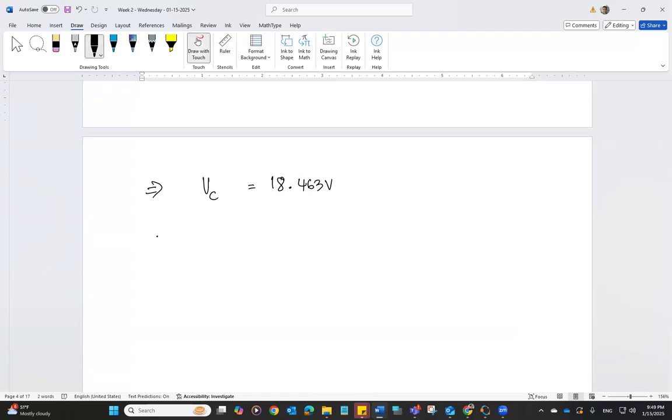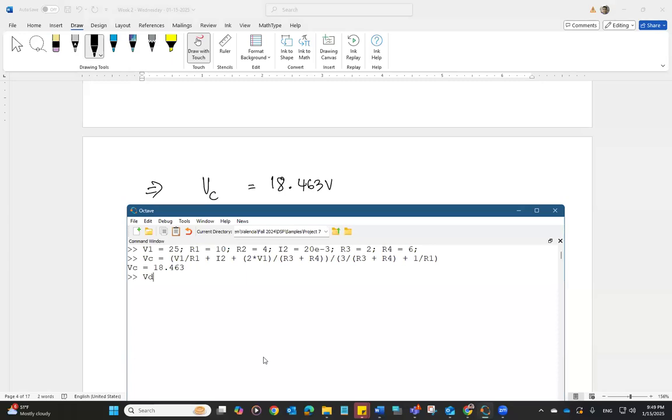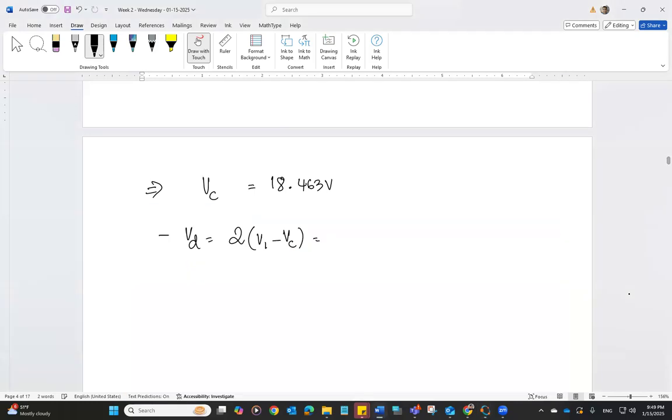VD is 2 times V1 minus VC. Calculate that. VD is 13.074 volt.